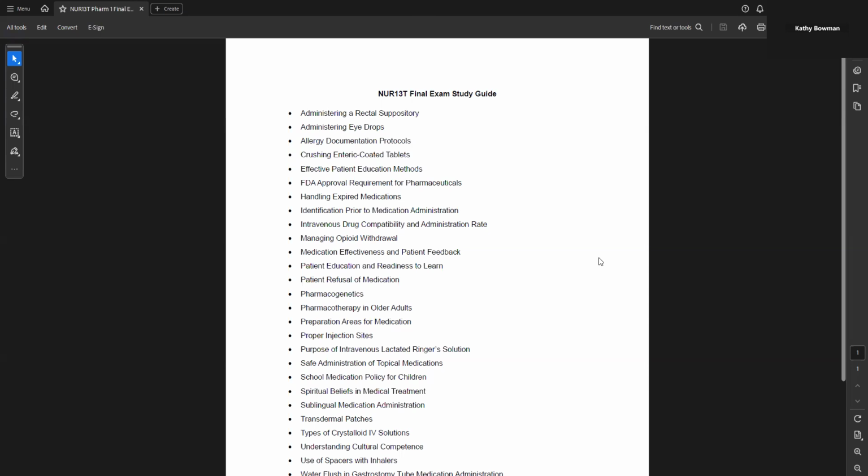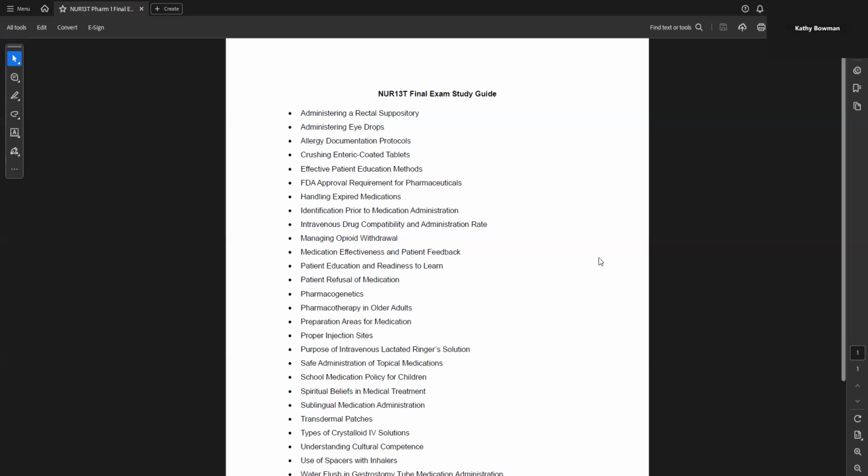Okay, so med education at every administration, because it reinforces the key points of the purpose of the med, its proper use, so if they go home with it, right, and the potential side effects and adverse effects. Now especially for new meds, you're going to emphasize how and when to take it, the dietary restrictions.